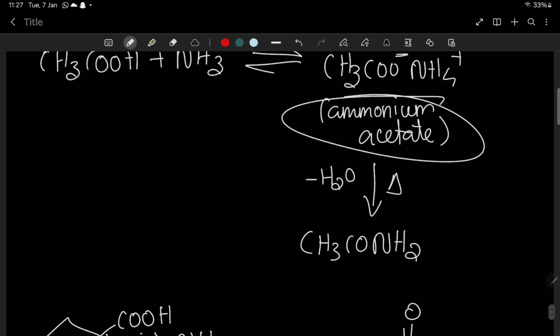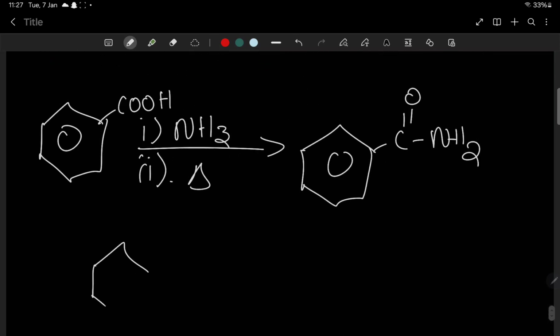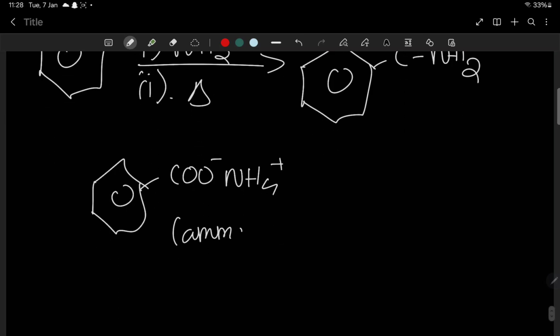Don't forget ammonium acetate; here we will get ammonium benzoate. The salt is ammonium benzoate. Okay, ammonium benzoate.